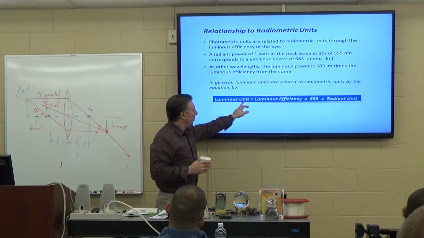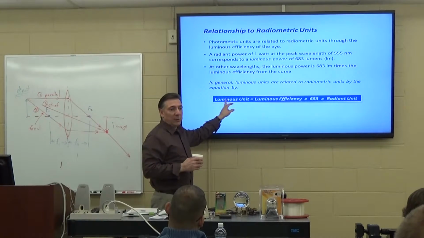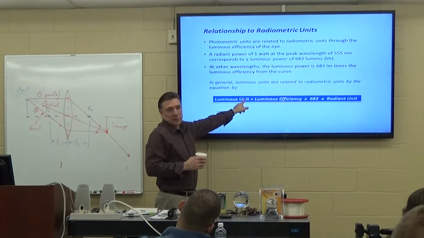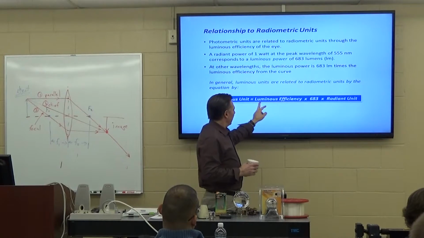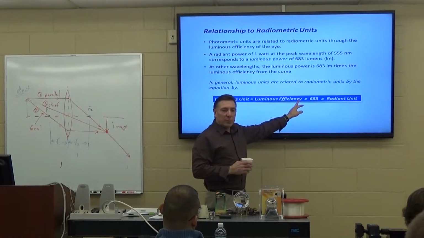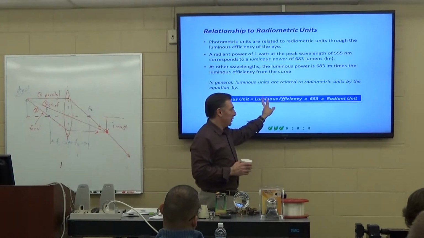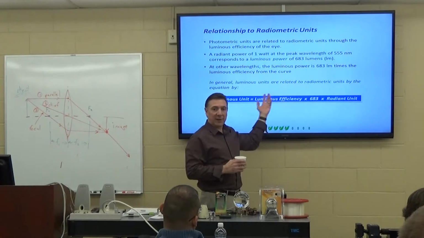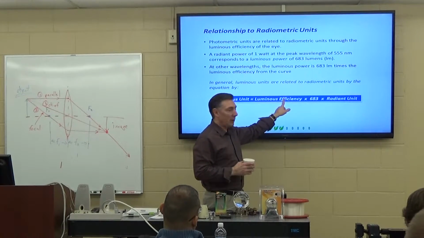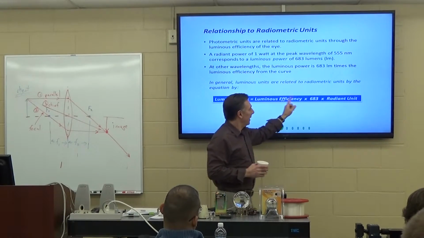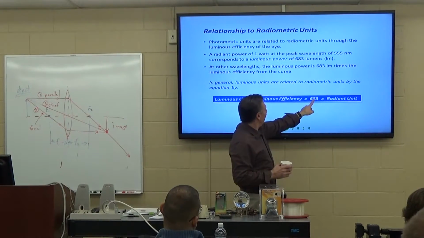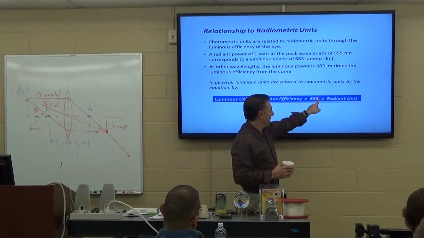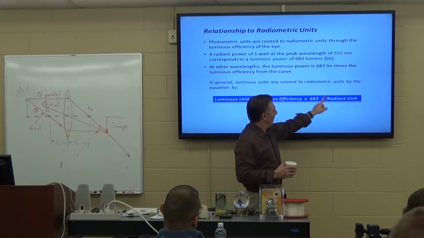When we talk about luminous units, this is how you calculate lumens. Luminous units is the product of the value from the luminous efficiency curve, which depends on what wavelength your light source is and affects how your eye perceives it, times this number, 683 lumens per watt. I didn't put the units here, I probably should have.